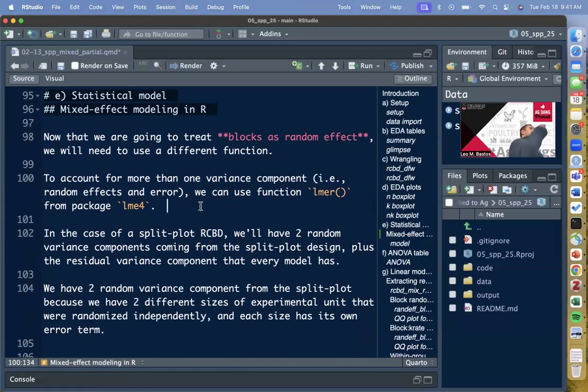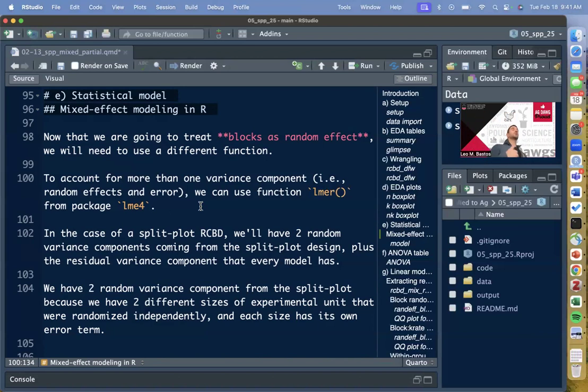Again, if you're running just a fixed effect model with just one source of error or variation, you use the function lm. If you're running a random or a mixed effect model, which has two or more sources of error or variation, then you use the function lmer. At least that's the one that we'll be using until now.